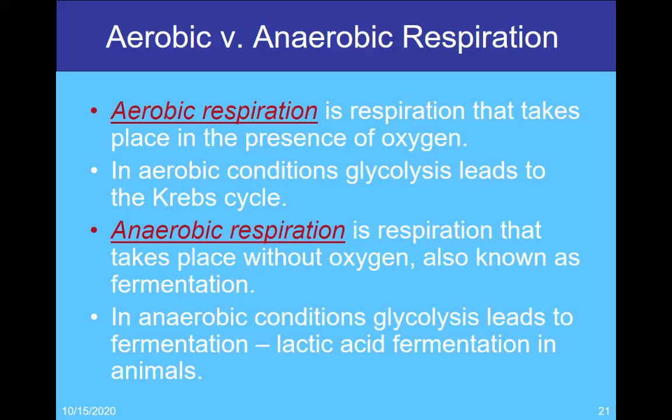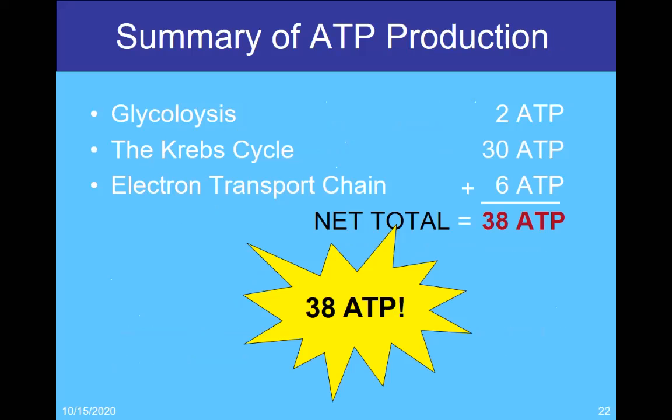Let's compare that 2 ATP that we get from anaerobic respiration to what we get from full aerobic cellular respiration going into the mitochondria. Now, we already talked about how much we get from glycolysis. There's your net gain of 2. We talked about the production from the Krebs cycle, which is 30.